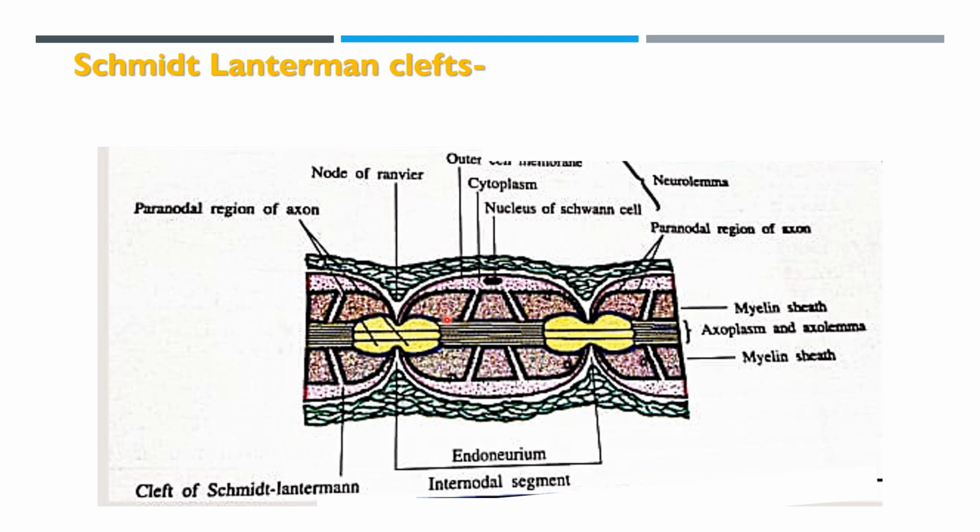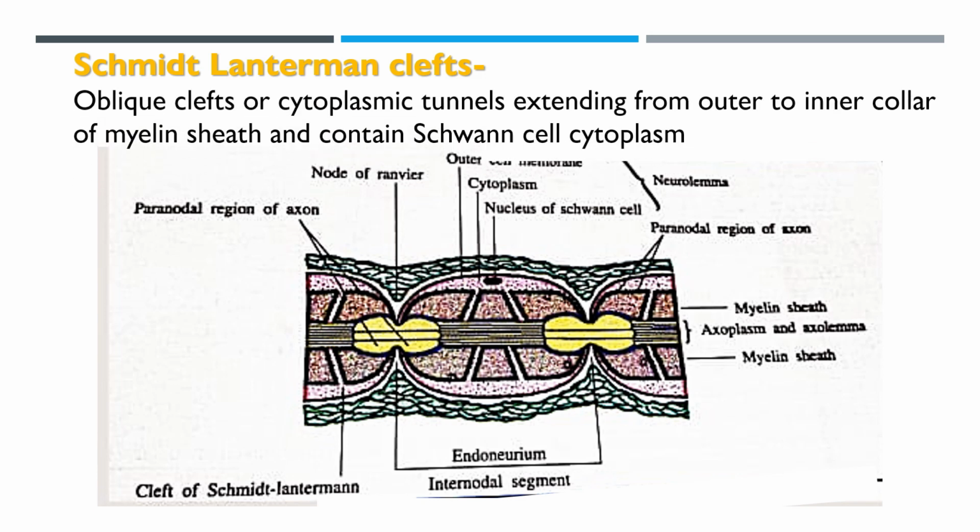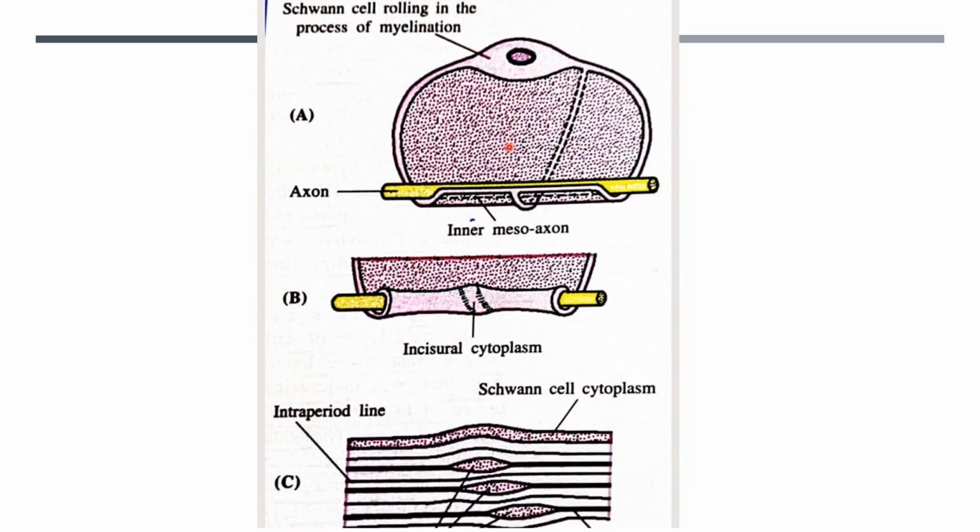Here you will get the inner collar of cytoplasm, and here the outer collar of cytoplasm, and these two are continuous at the perinodal region, the perinodal cytoplasm, and also through these oblique clefts, the Schmidt-Lanterman clefts. These clefts are cytoplasmic tunnels which extend from the outer to the inner collar of the myelin sheath and contain Schwann cell cytoplasm. This is a diagram showing the axon and the Schwann cell.